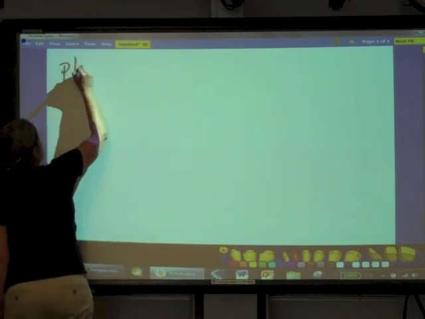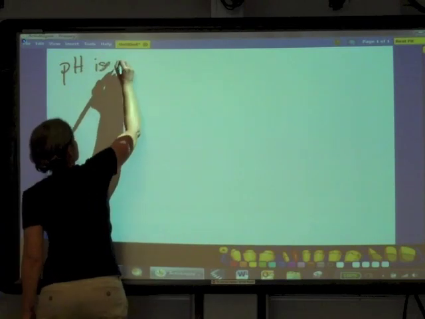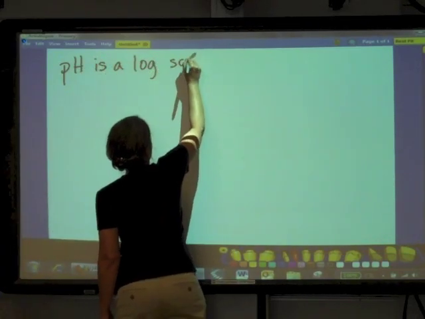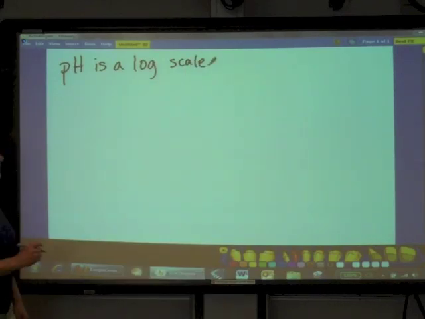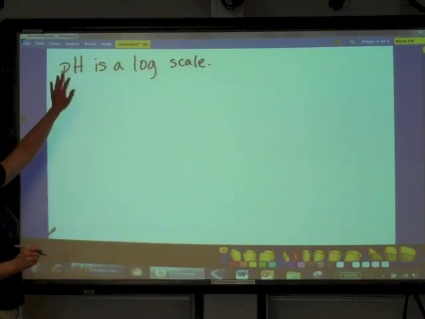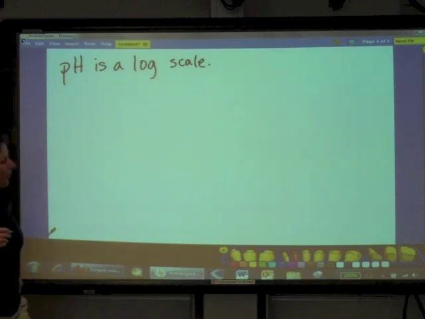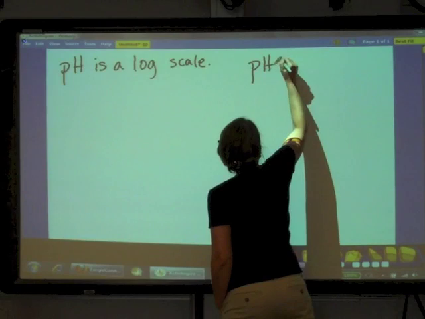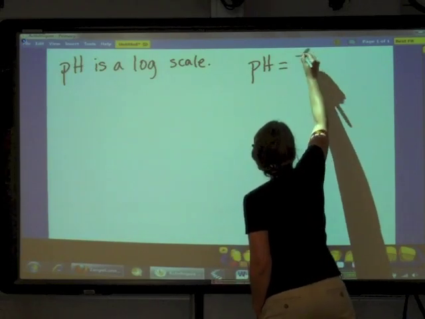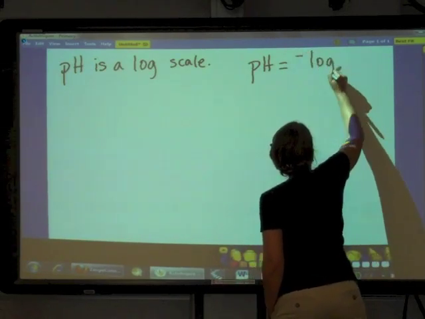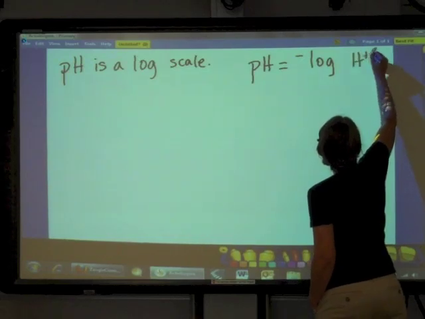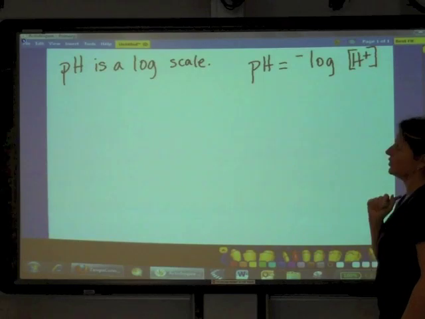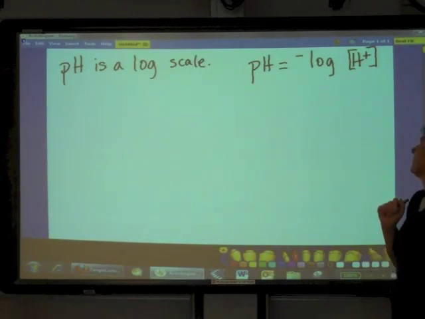pH is a logarithmic, log scale. And what does this actually mean, pH? Well, pH equals the negative log of the hydrogen ion concentration of a solution.